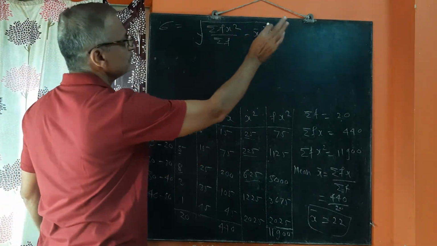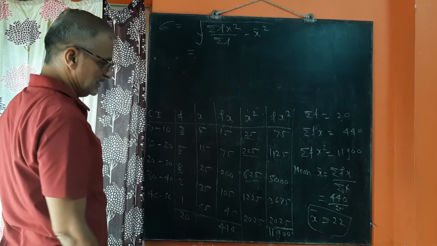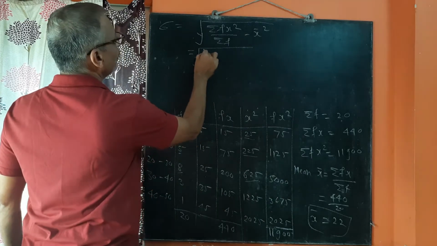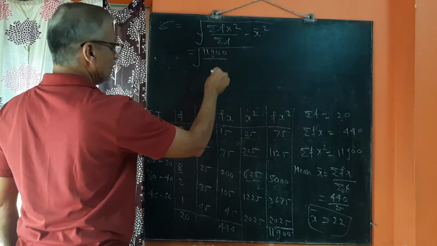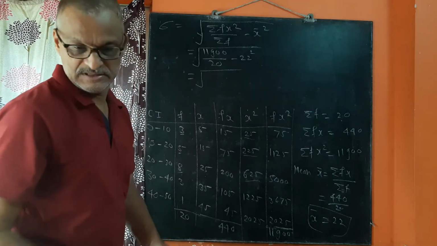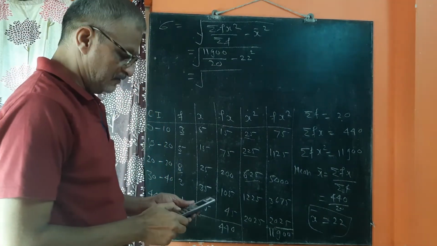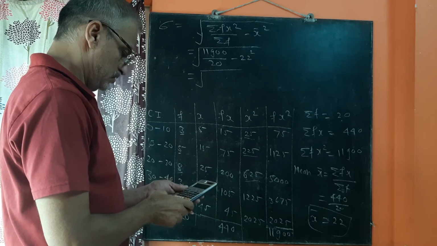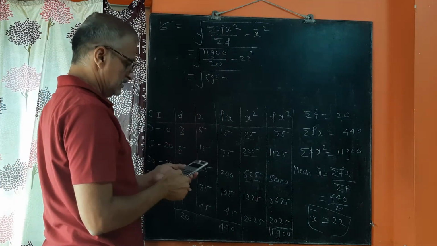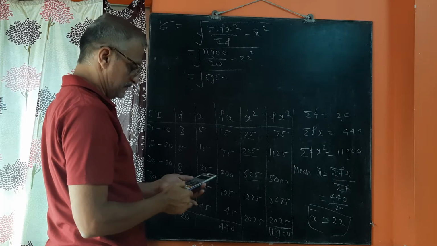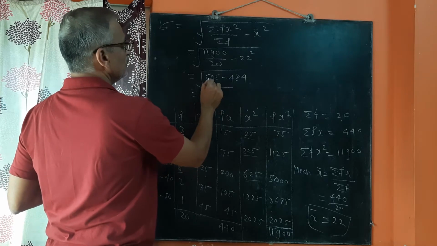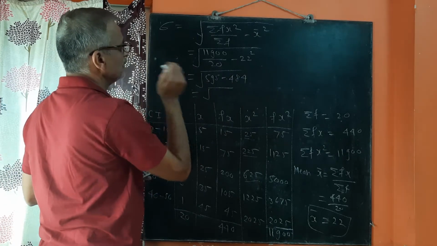Let us substitute the values: square root of 11900 divided by 20 minus 22 square. 11900 divided by 20 is 595. 595 minus 22 square, 484, equals square root of 595 minus 484, which is 111.